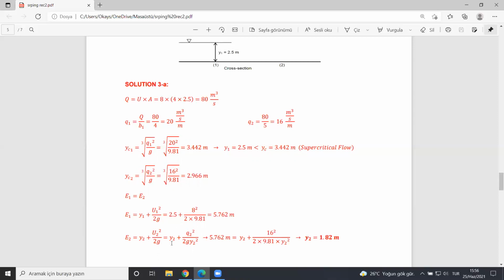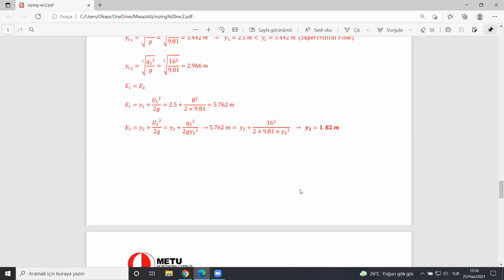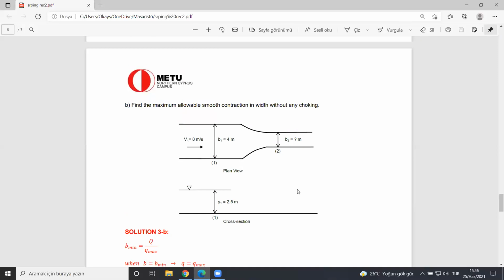At the end, we are left with y2 plus small q squared divided by 2g y2 squared, equal to 5.762 meters. And from here, you can get y2 as 1.82 meters. This was part A.